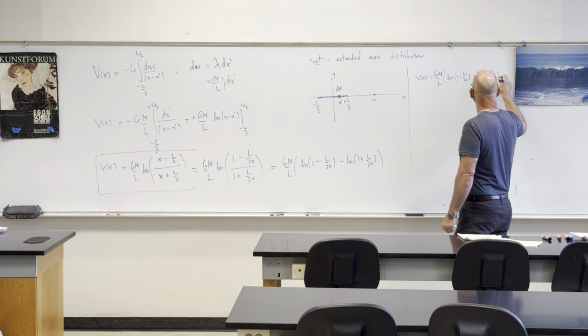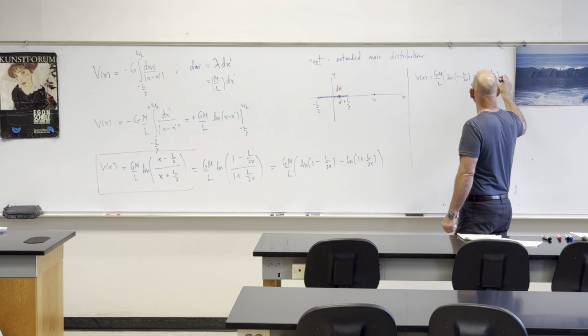Okay, so we need another letter. So for our small quantity, we'll just use z equal L over 2x, and that's nice, that's dimensionless, and we'll let that be much less than 1.